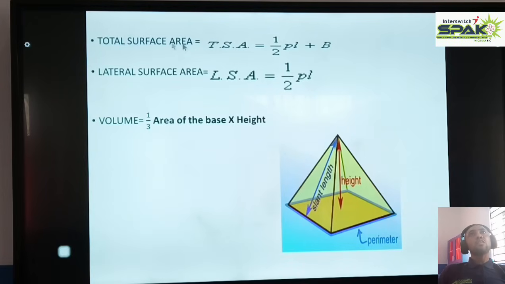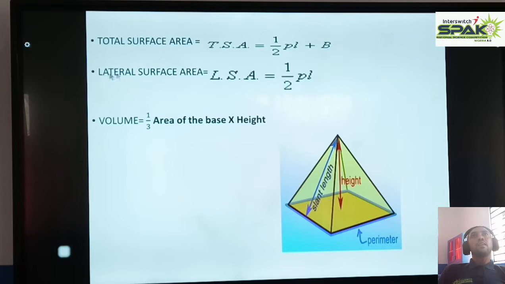To find the total surface area of a pyramid, we have 1/2 times the perimeter of the base times the slant length, plus the area of the base. This B is the area of the base, this P is the perimeter of the base, while this L is the slant length.